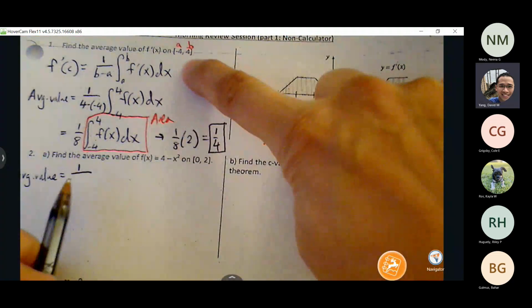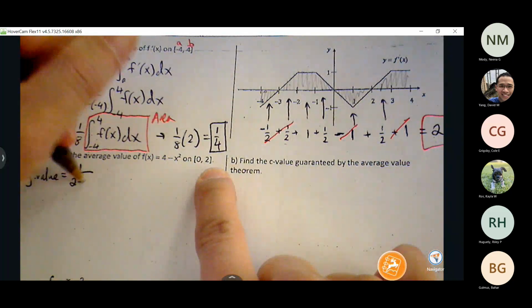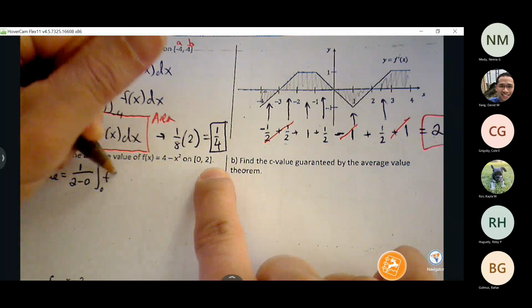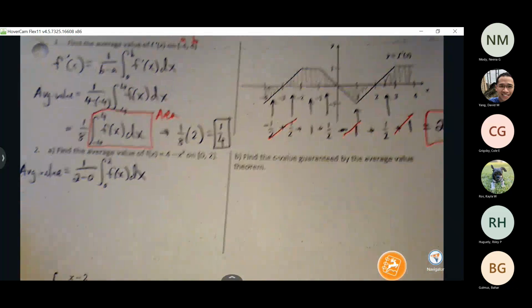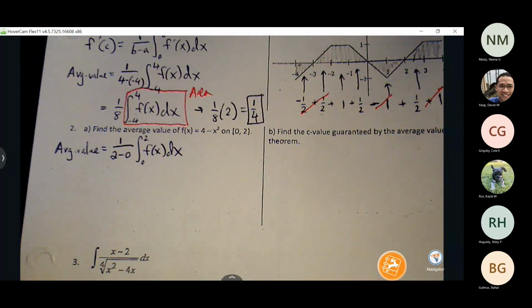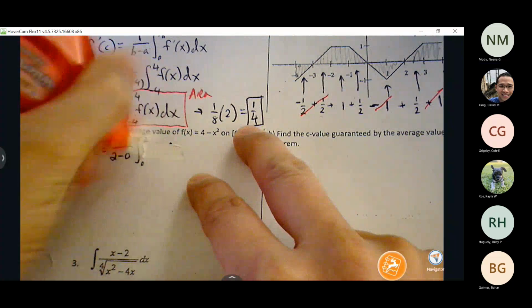I'm just going to jump directly to my a and b values. And then I can replace f of x with 4 minus x squared. I'll do that here.